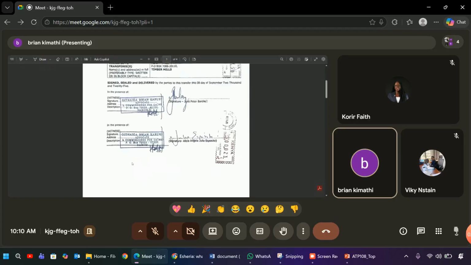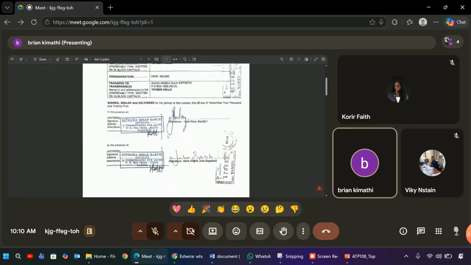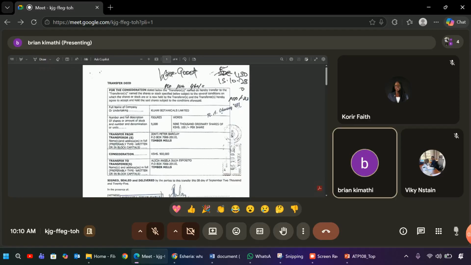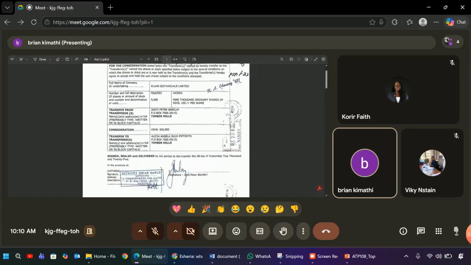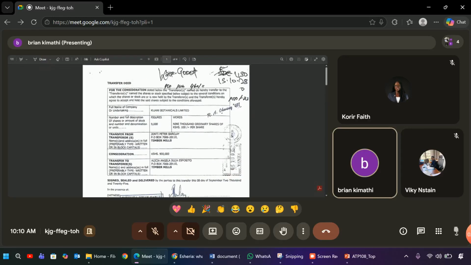This is an in-house advocate in our firm. He signs and stamps, which means he has witnessed. Then you see this part marked Kenya shillings 9,000, and this part marked penalty Kenya shillings 460, which I will explain shortly. Then the date this was done, then there is this stamp, and another stamp, the same one that is down here. So I want to explain.